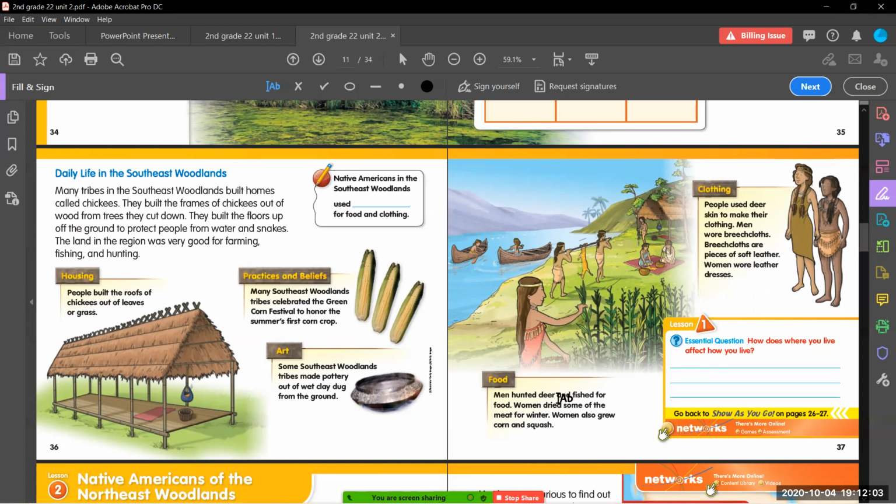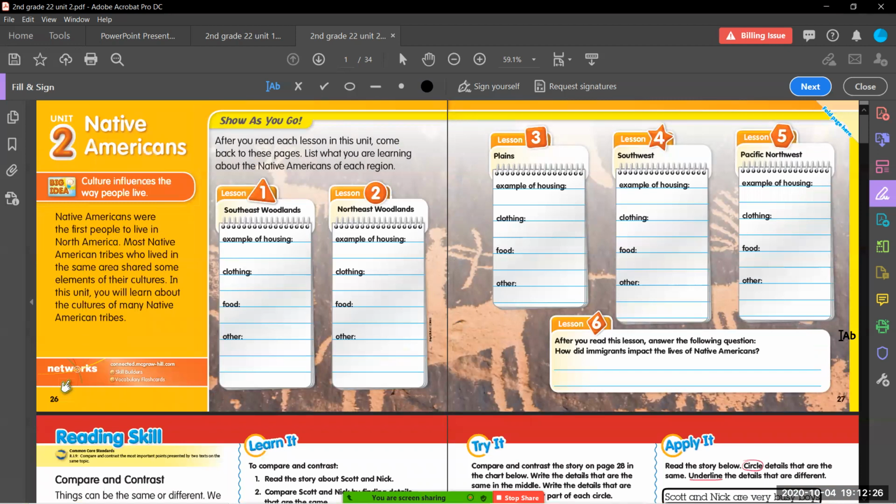And you can find those answers right here. And then we're going to go in and answer your essential question. How does where you live affect how you live? So think back about the lesson that we just read and go ahead and answer your question with a complete sentence.